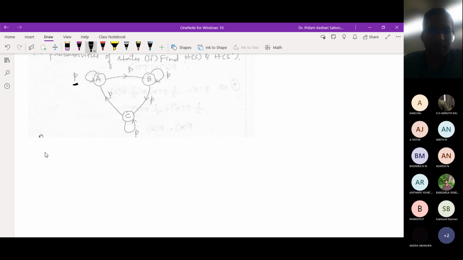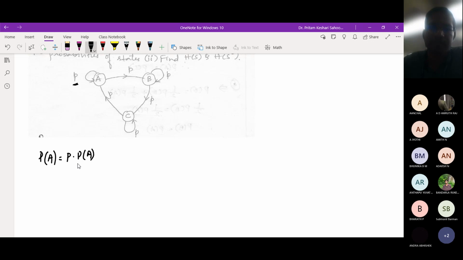So if I like to write the state probability expression, what is the probability of state A? So probability of state A, I will write P. This state A depends on itself at a probability P. So I can write P into probability of A. That is, the probability of A multiplied with the probability at which the state depends on itself.